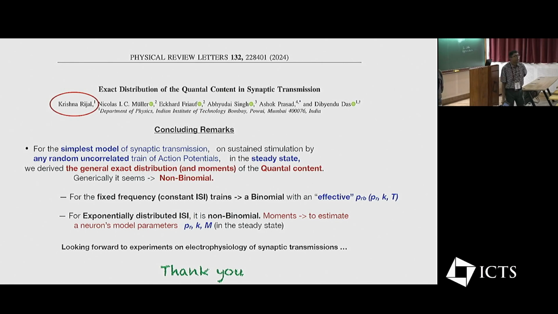Dibyendu, very nice talk. In the case of this delta function spikes, you get this release rate, this PR. So it becomes an effective function of the rate at which the docks were filled up, right? Yes, and also a function of the frequency at which you are stimulating. Right, the frequency, that's what I mean.